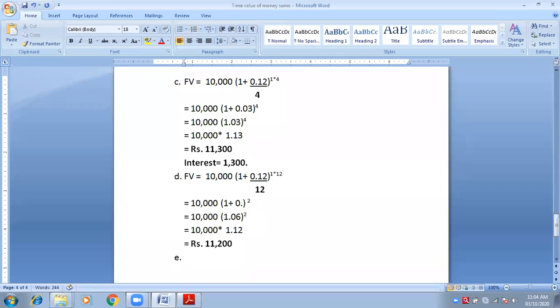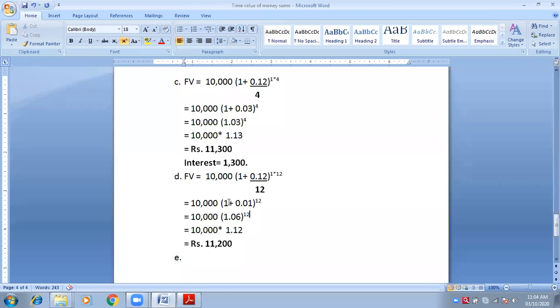0.01. It is 0.12 divided by 12 and the answer is 0.01. And raised to what? 1 into 12 is 12. Okay. Let's solve the bracket. 10,000 same.